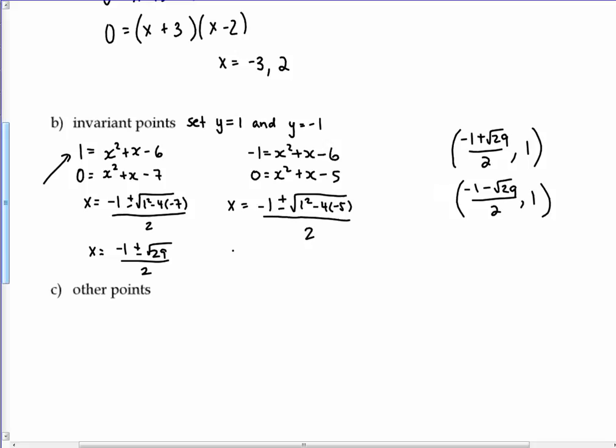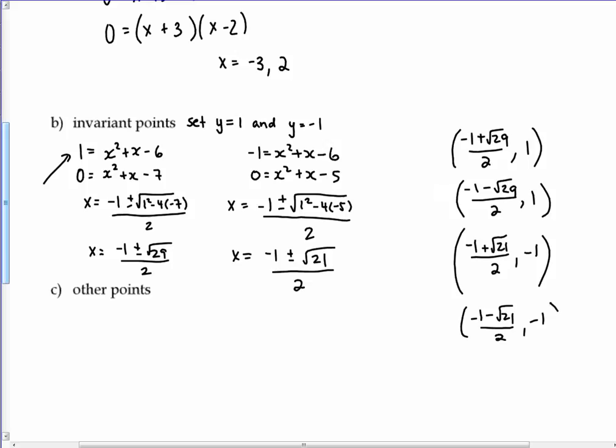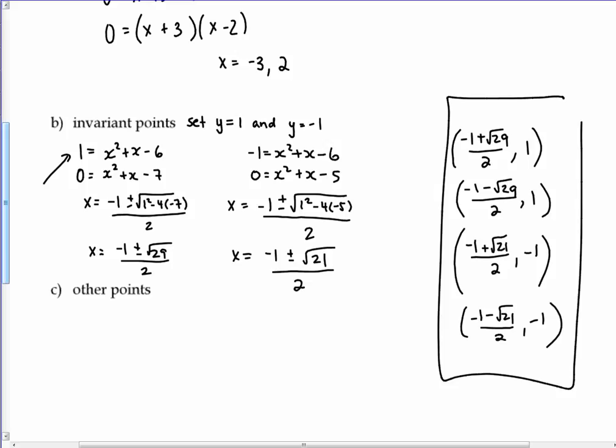So you get 1 plus what? 4 times 5, guys. 20. 2 negatives and positive. So 1 plus 20 is 21. So that was when y was negative 1. There's our 2 points. Negative 1 plus root 21 over 2, comma negative 1. Negative 1 minus root 21 over 2. There's our 4 points.